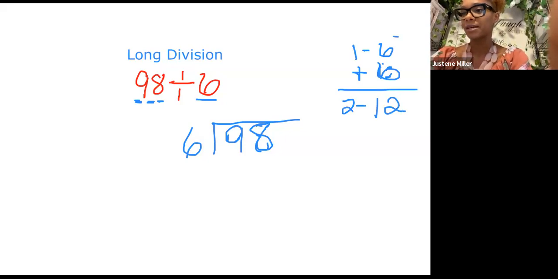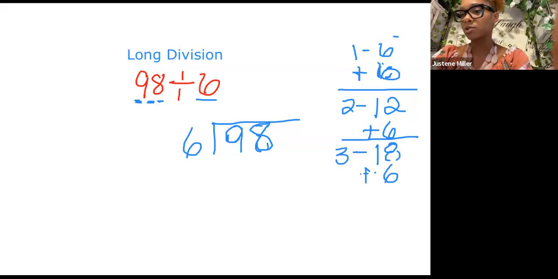And then if I add another 6, that is 18. That is 3 groups of 6. I'm going to erase that 8 just because it's looking a little funky. There we go.